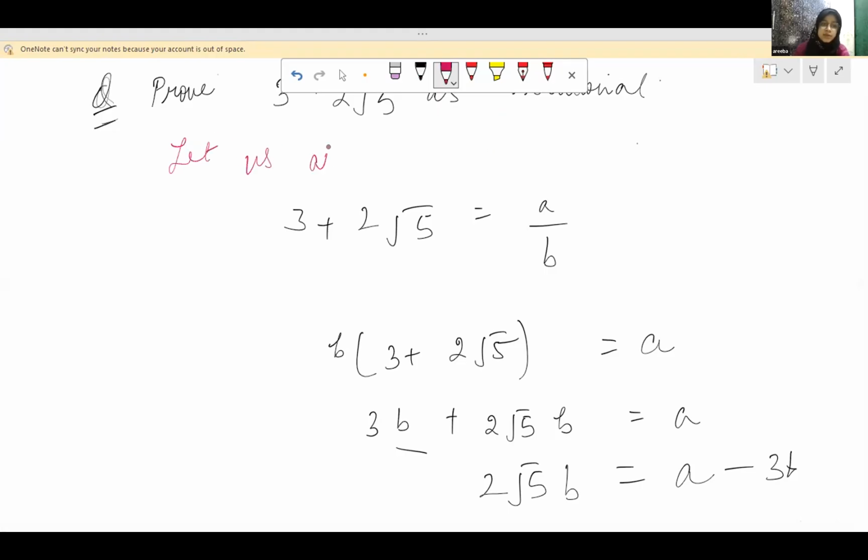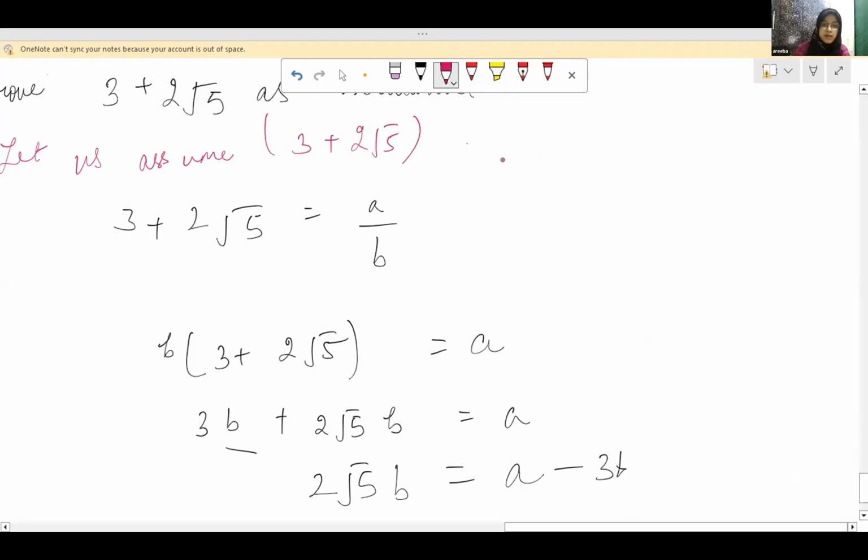Let us assume 3 plus 2 root 5 is rational. Okay, the same steps basically. It is rational and it can be represented in the form of a by b, where a and b are co-primes.